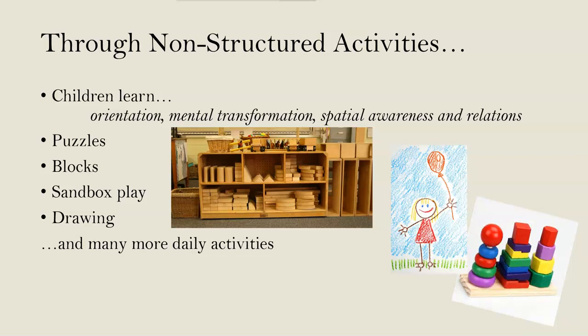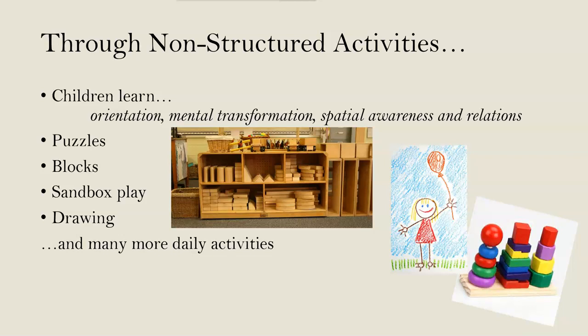Mental transformation, meaning they're learning constantly how to hold that image mentally, and in this way, reverse those actions. So mental transformation is important. And also, as always, being aware of their environment, spatial awareness in relations, and how they move themselves and other objects in space.